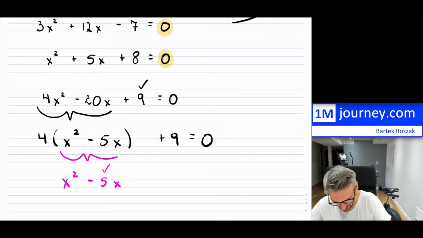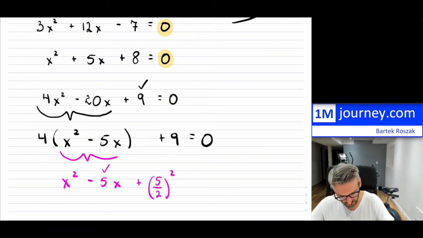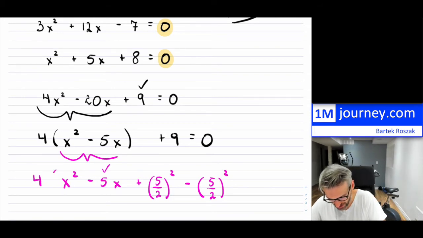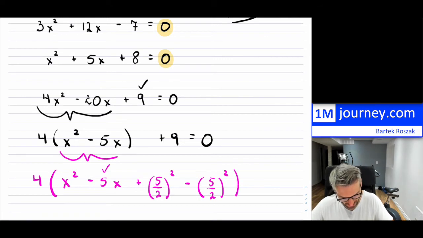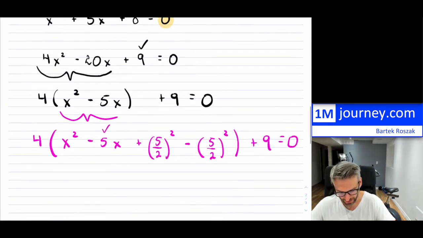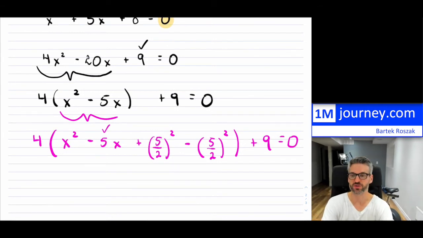So that's going to be plus 5 divided by 2, squared. And then, not to change the actual equation, we also have to subtract this exact same thing. So that's going to be that, squared. All right, now this 4 is still in front of all of these brackets, and then our 9 remains on the right-hand side. And now we can complete our square.